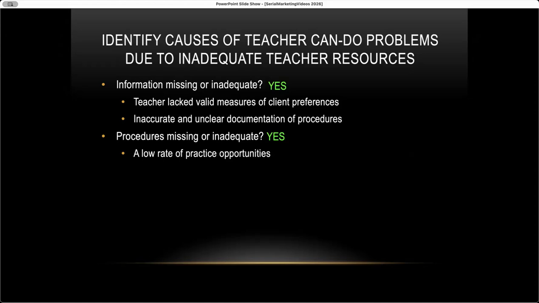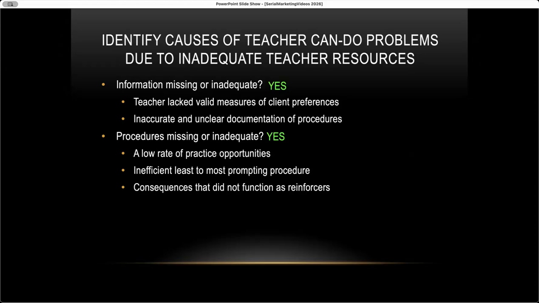Well, we've done some research which showed that a high rate of practice opportunities produces more efficient progress than a low rate of practice opportunities. There was also an inefficient least-to-most prompting procedure, which not only was difficult to implement, but also further reduced the possible rate of practice opportunities the teacher could present. And there were consequences that did not appear to function as reinforcers.